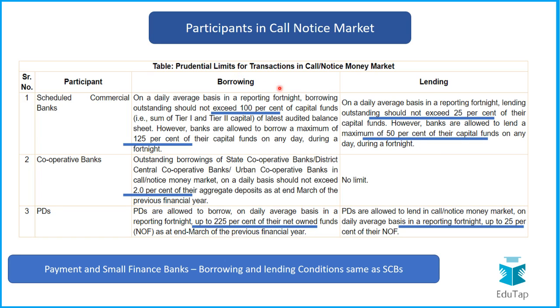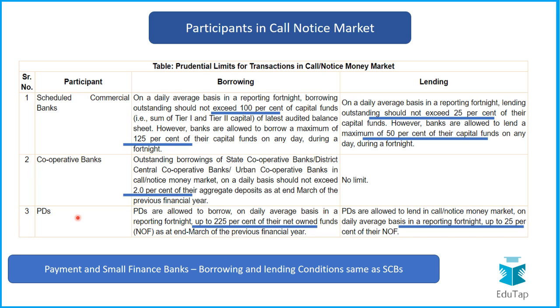Now what are the borrowing and lending restrictions in the call notice market? This is a very important part, and another important part to know is what are the participants in call notice market. As I told you, mainly the call notice market is for banks. Banks lend or borrow from one another. So the participants are scheduled commercial banks, cooperative banks, and primary dealers have also been allowed to be part of call notice market.